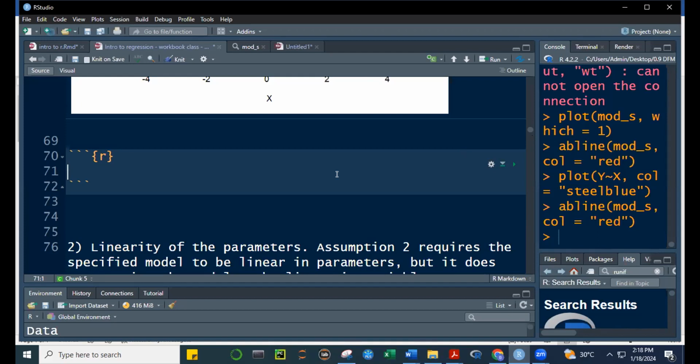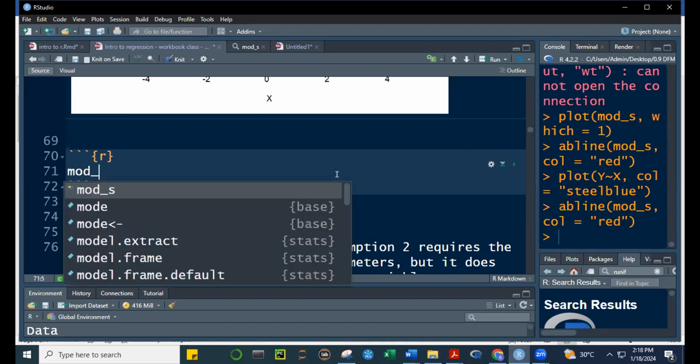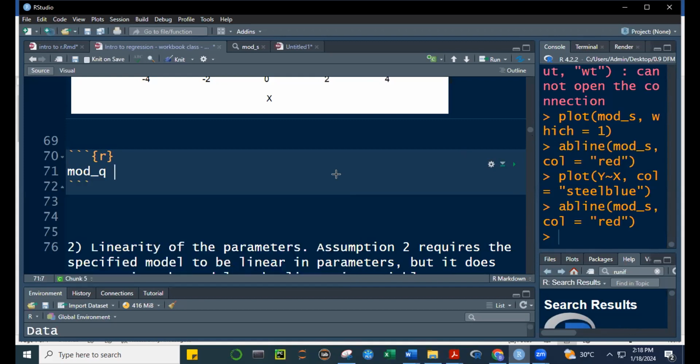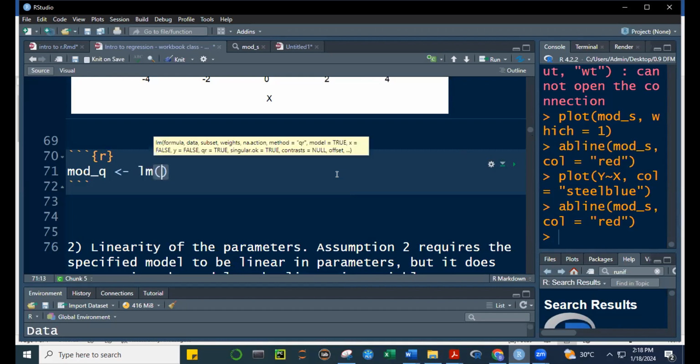Okay, so sige, I'm going to create another model. I'll call it model Q. Okay, quadratic, alt minus. Tapos LM din siya. All right, LM. Tapos Y regressed on X plus. I'm going to explain this next time na lang, pero isulat nyo na lang.